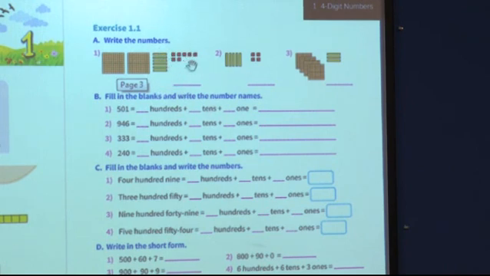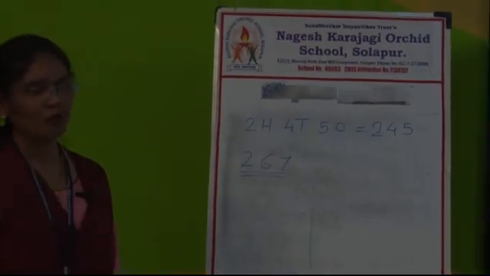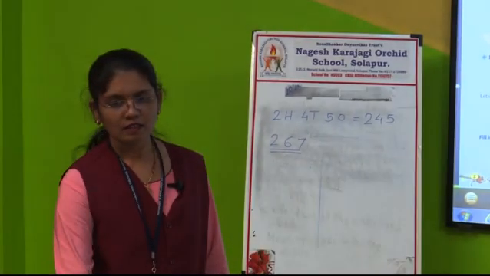These small boxes mean ones, and this green color strip stands for tens, and these sheets mean 100. So here 2 sheets of hundreds, 6 strips of tens and 7 blocks of ones are there. So the number is 267.